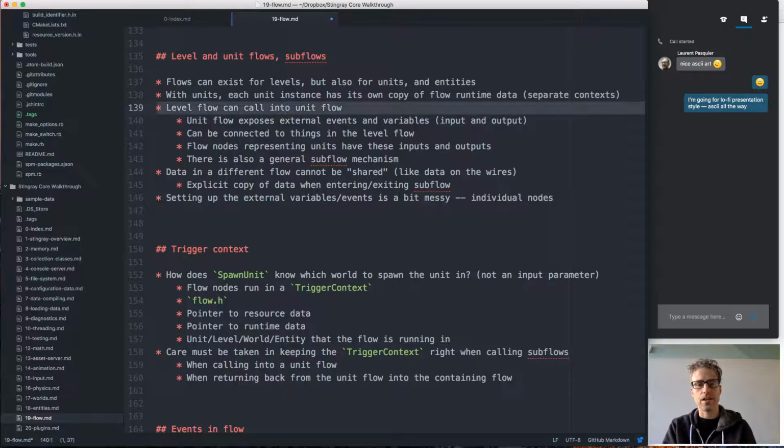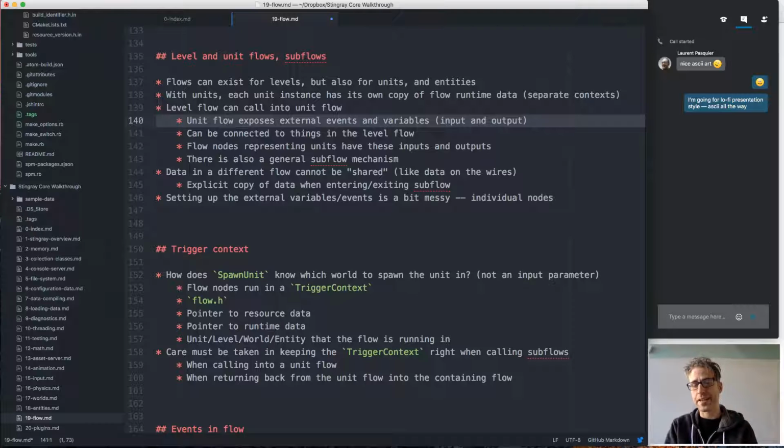We can connect and call between these different kinds of flows. So the level flow can, for instance, call into the unit flow. The unit flow exposes external events and external variables for input and output.